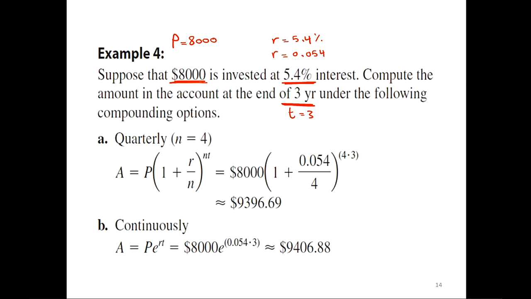Under the following compounding options: quarterly, this is n equal to 4. Because this is compounding, we have compounded interest with n equal to 4.